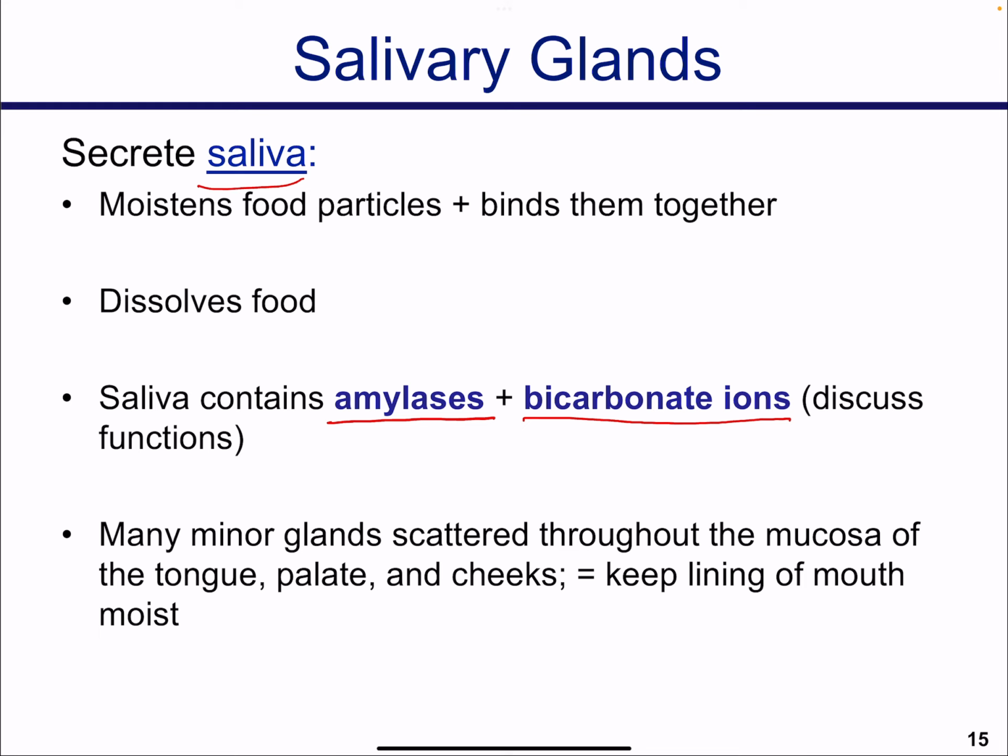For instance, when you eat some food that is acidic, right? That acidity is going to be neutralized by the bicarbonate in the saliva, right? Amylases are enzymes that are specifically involved in breaking down macromolecules of sugars, specifically, for instance, starch, glycogen, right?